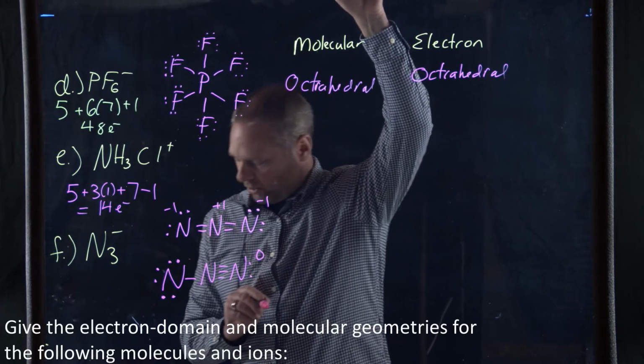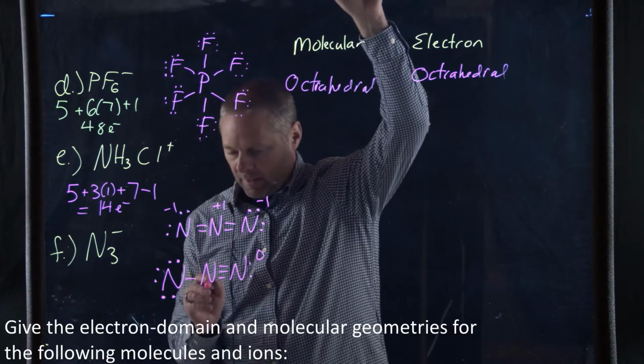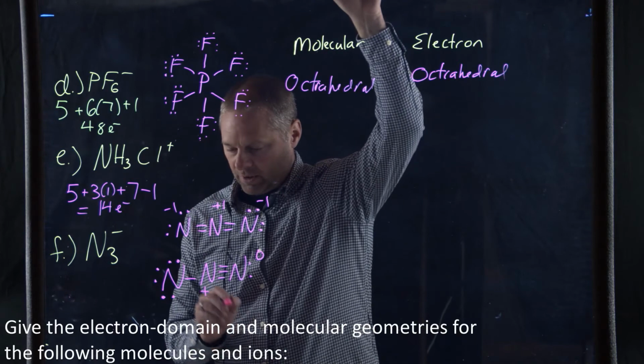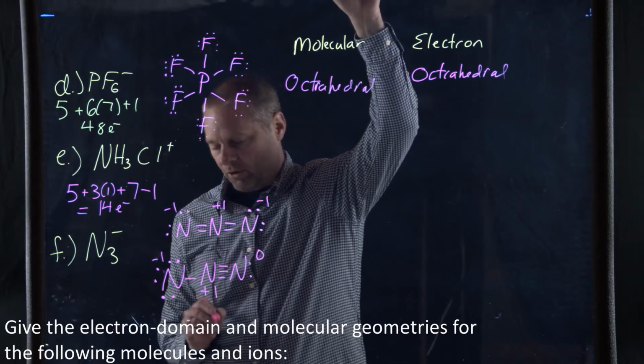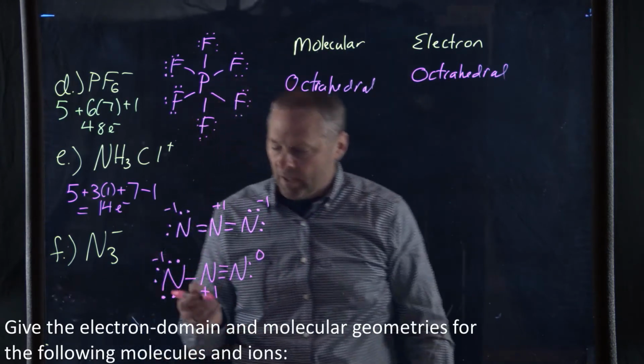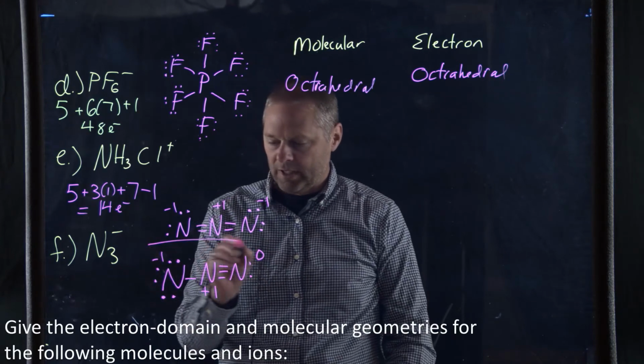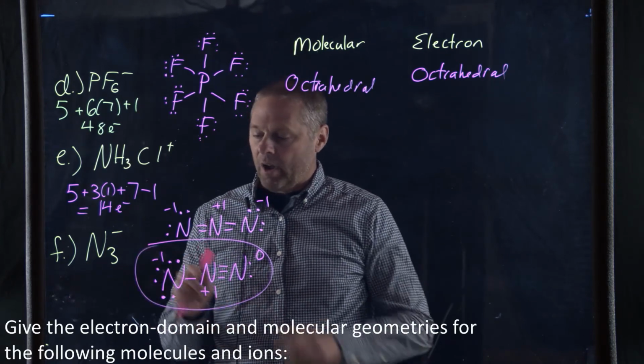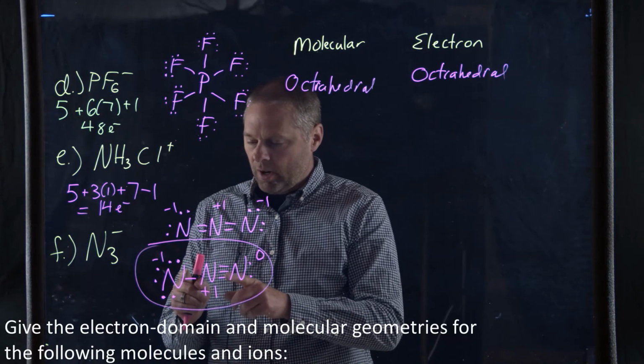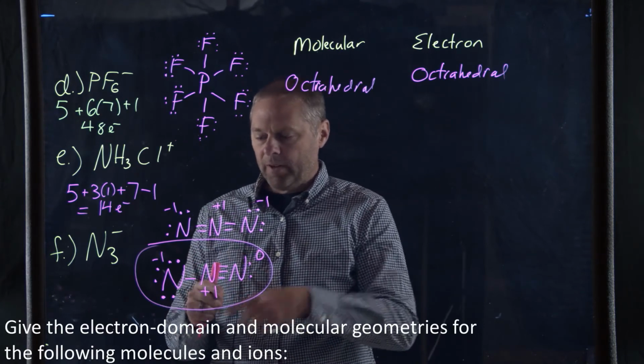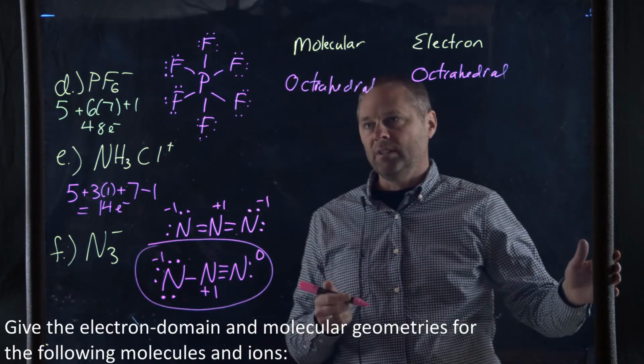This will have a formal charge of 0. This will have a formal charge of +1, and this will have a formal charge of -1. Now the more correct structure for this is that one right there, because now only 2 of the atoms are charged.